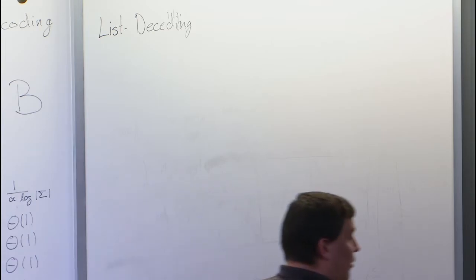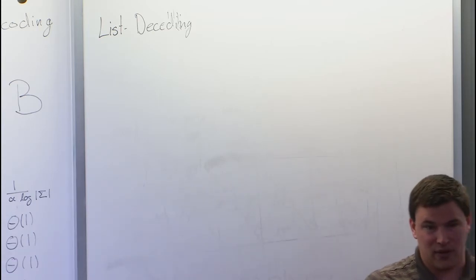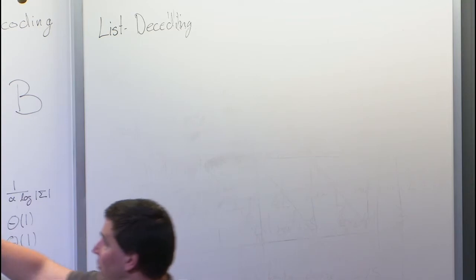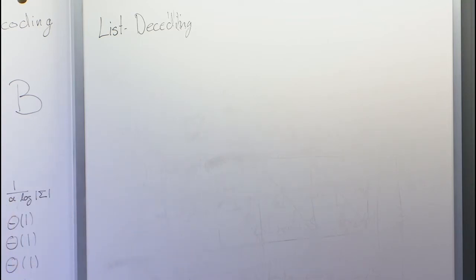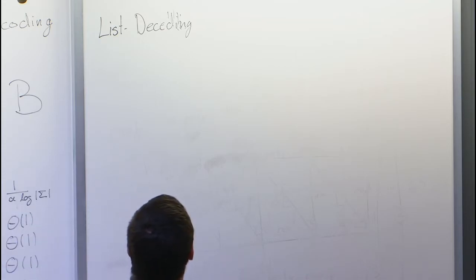And in error-correcting codes, we know that the distances that you can achieve with list decoding versus the distances that you can achieve with unique decoding is roughly a factor of 2 apart. And the same will happen here. So if we can tolerate in a standard model 1/4 with unique decoding, we will be able to tolerate 1/2 with list decoding. And this will be the key to everything that follows.